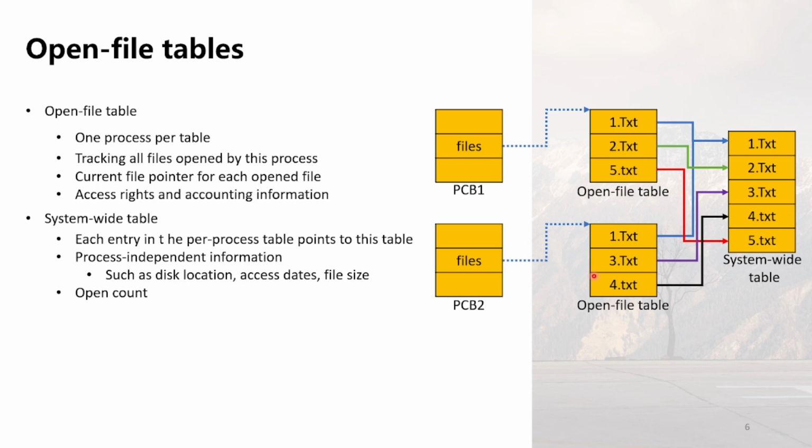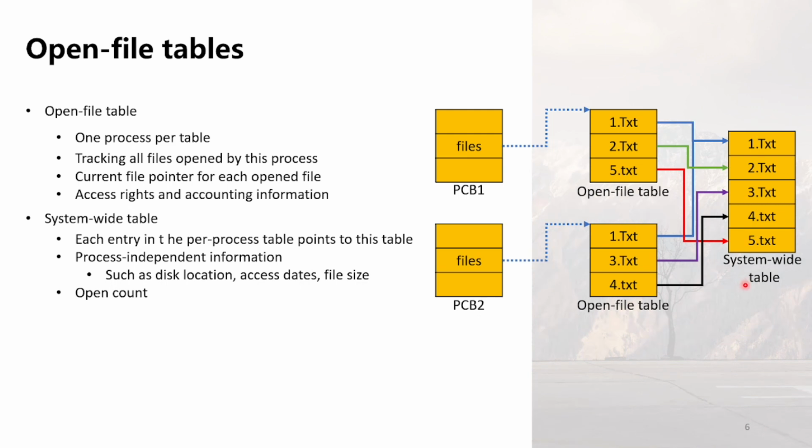In the diagram, there are two process control blocks, PCB1 and PCB2, each with a corresponding open file table. PCB1's table has entries for files 1.txt, 2.txt, and 5.txt, while PCB2's table has entries for 1.txt, 3.txt, and 4.txt.